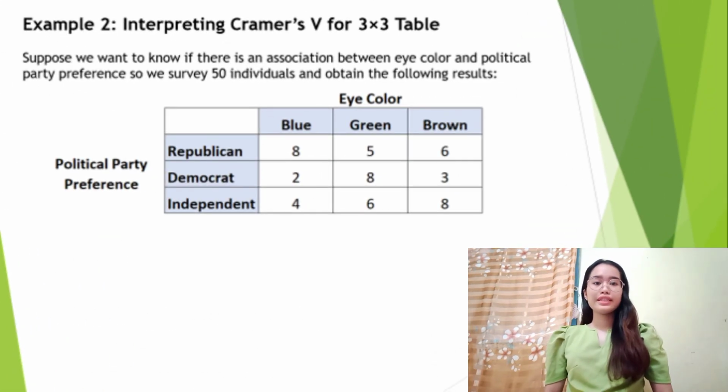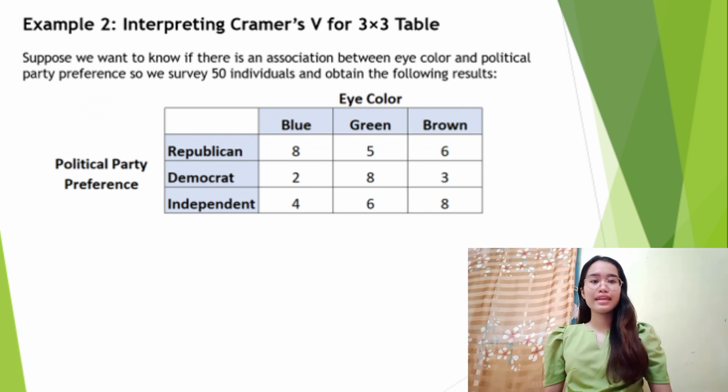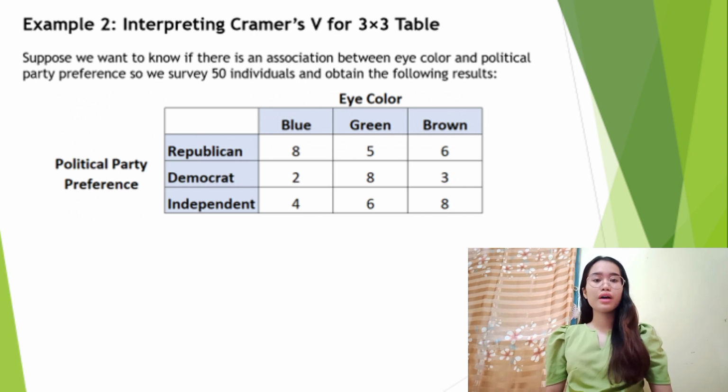Next example, interpreting Cramer's V for a 3 by 3 table. Suppose you want to know if there is an association between eye color and political party preference. So we survey 50 individuals and obtain the following results. Republican: blue eye color is 8, green is 5, and brown is 6. For Democrat: blue is 2, green is 8, and brown is 3.